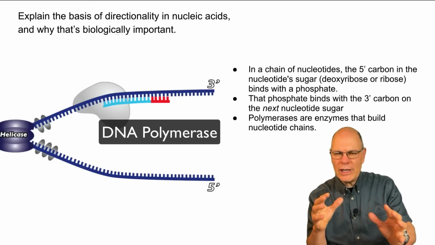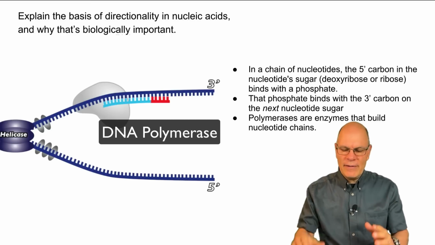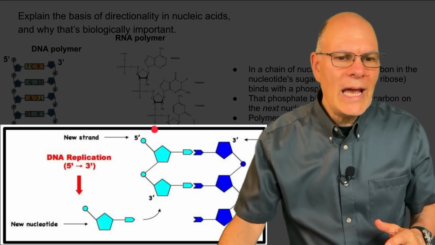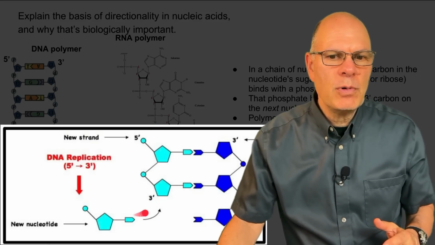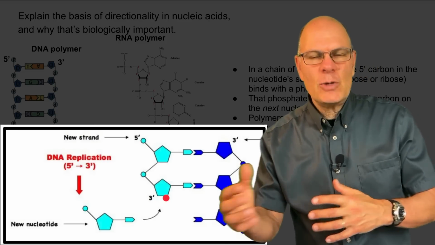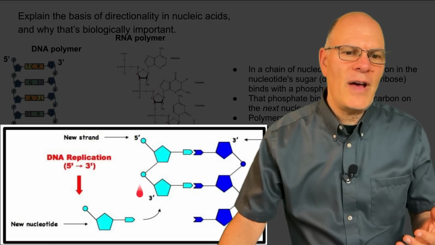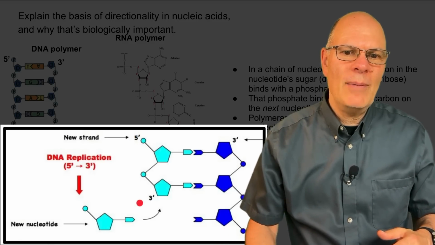They only can work in certain orientations, and they work completely by feel. And they can only add new nucleotides at the 3' end of a growing nucleotide strand. So that's what directionality is all about. All of these nucleic acids are built in the 5' to 3' direction.